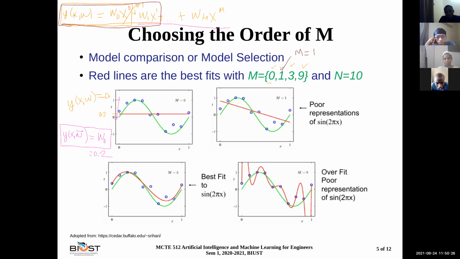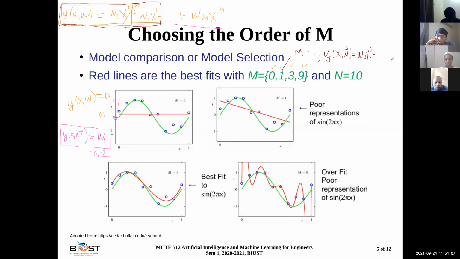So our equation in that case, when m is equal to 1, will be y of x and w, that's a vector, is equal to w0 x to the 0 plus w1 x to the 1. Tell me when it's already 12 o'clock, so that we can have a break.